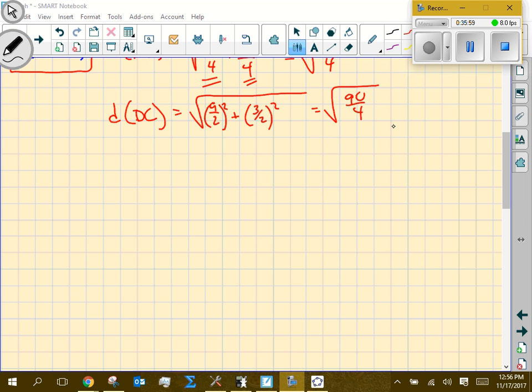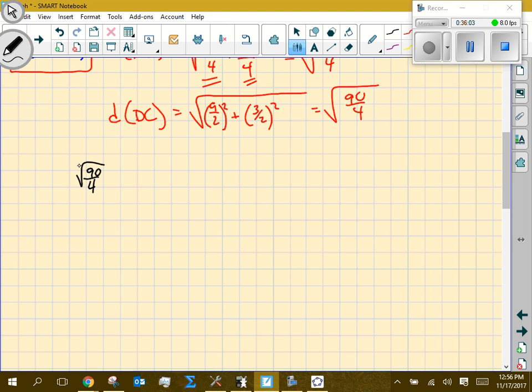Okay, so the logic behind simplifying radical 90 over 4 is very similar to what we said when we did radical 45 equal to 9 times 5, and we could break that up into radical 9 times radical 5. Okay, when you have a product underneath your radicand, you can break it up into a product of radicals.